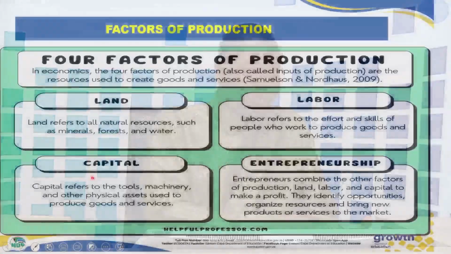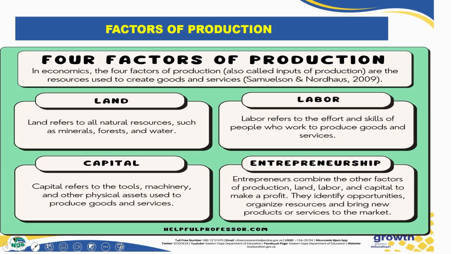We also have what is called capital. Capital refers to what? To tools, machinery, and other physical assets used to do what? To produce goods and services. And also we come to the entrepreneur, the person who combines all those factors, that is land, labor, and capital.